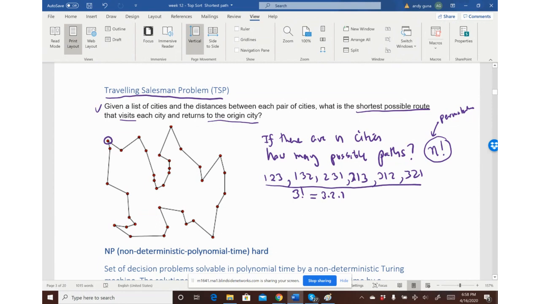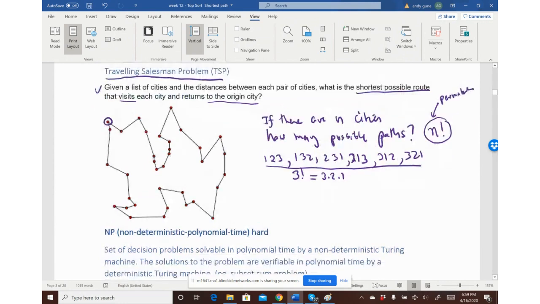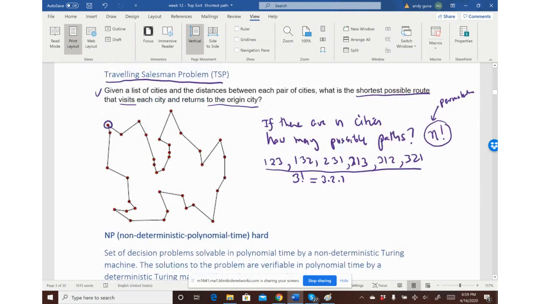If you have 4 cities, you will have 4 times that, which is 24, and then you multiply it by 5, which would be 120, right? So it gets very, very large. The problem with n factorial is that when you go beyond something like 30 factorial, it's huge. Computers cannot even think about processing that because it's just too big.